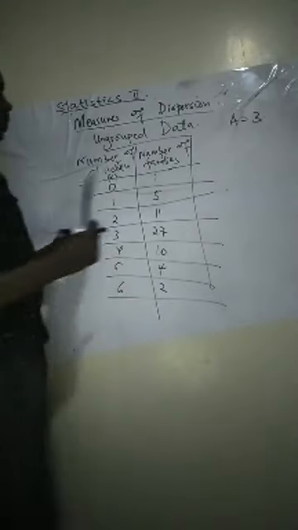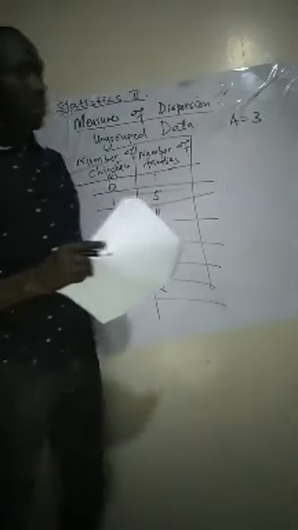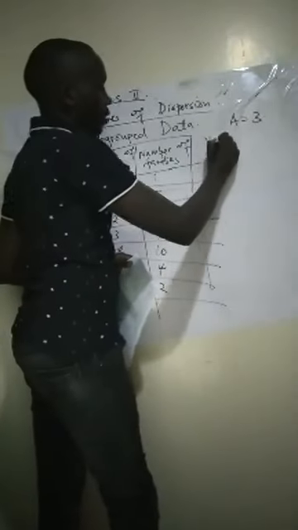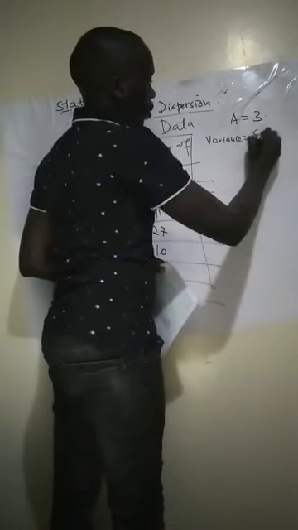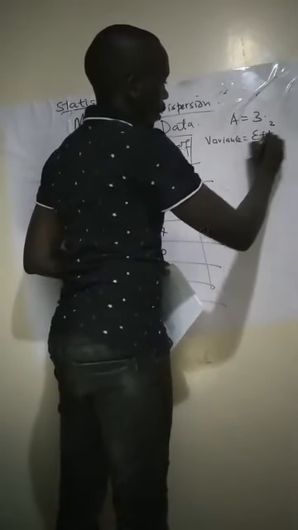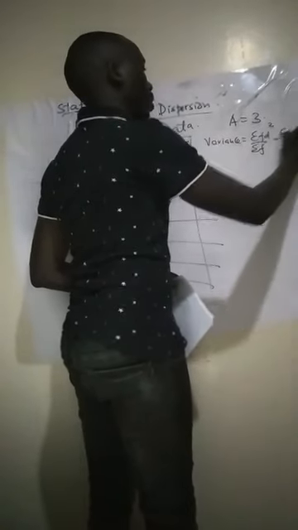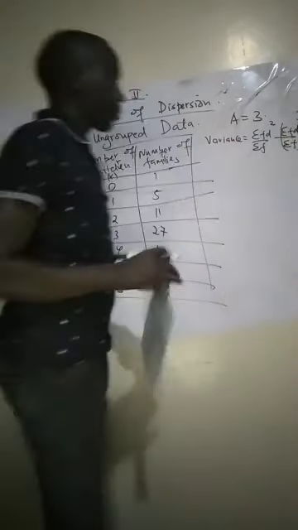These are grouped data. Now, before we even embark on the calculations, I want to make it very easy for all of us. I want us to recall the formula for getting variance, which was the summation of fd squared over the summation of f minus the summation of fd over the summation of f, squared.